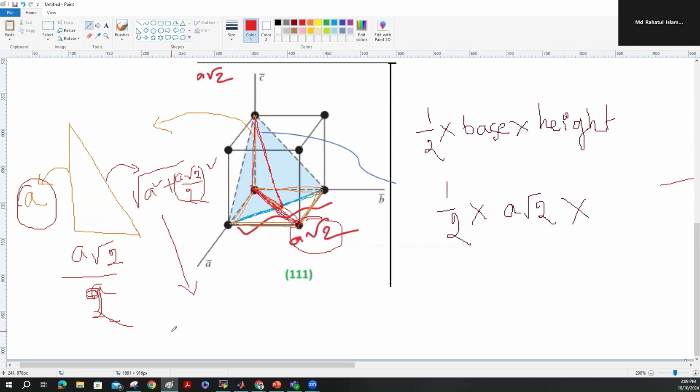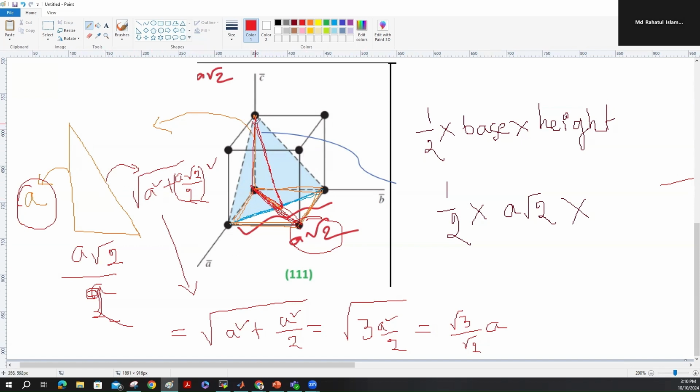So basically, if you calculate, it should be a square plus a square divided by 2. So it should be 3a square divided by 2, and ultimately root 3 divided by root 2 a.